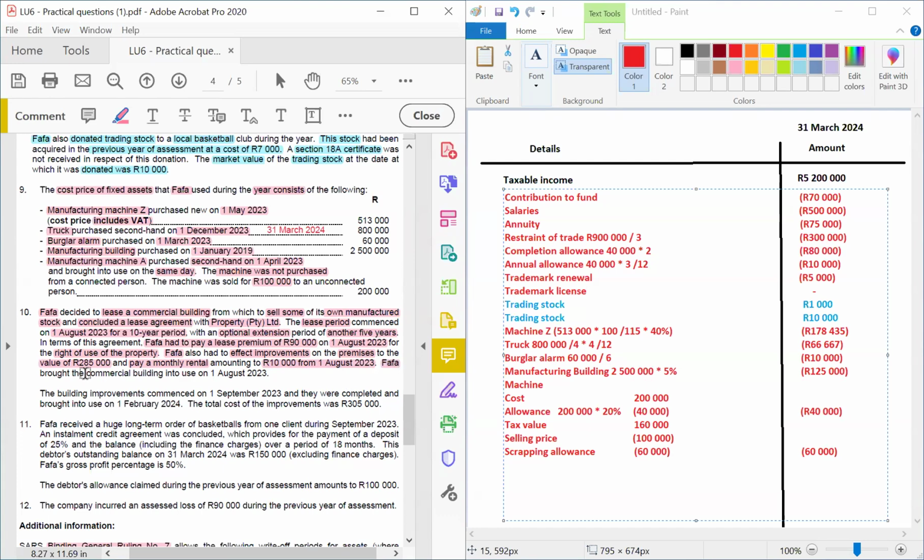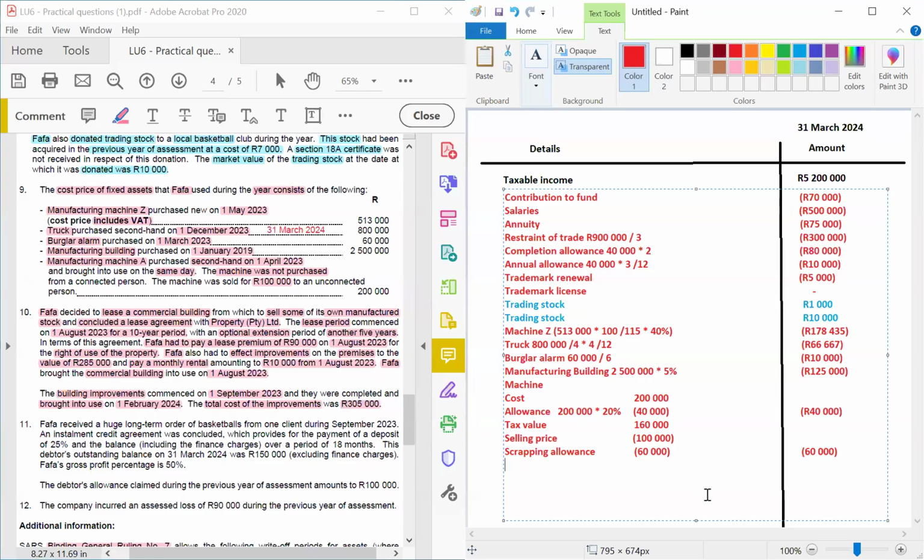Fafa brought the commercial building into use on the 1st of August 2023. This one is a tricky one. The building improvements commenced on the 1st of September 2023. They were completed and brought into use on the 1st of February 2024. The cost of improvement was 305,000.